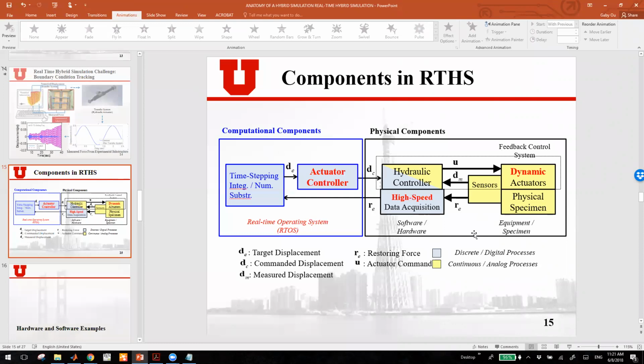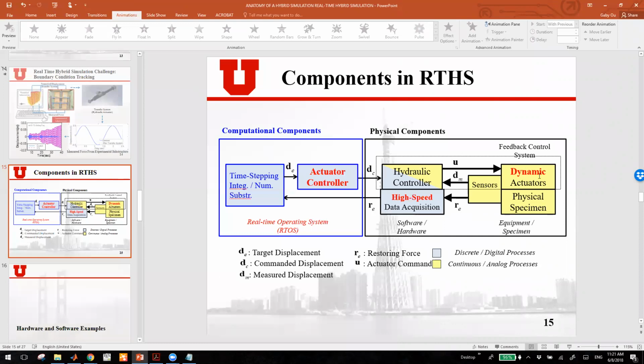And the physical component is more or less the same as in hybrid simulation. The only difference is you need to have a high-speed data acquisition system and a dynamic actuator, because you are running your experiment at a very high speed, at a sampling frequency of 1000 Hertz or above. So you need high-speed data acquisition.